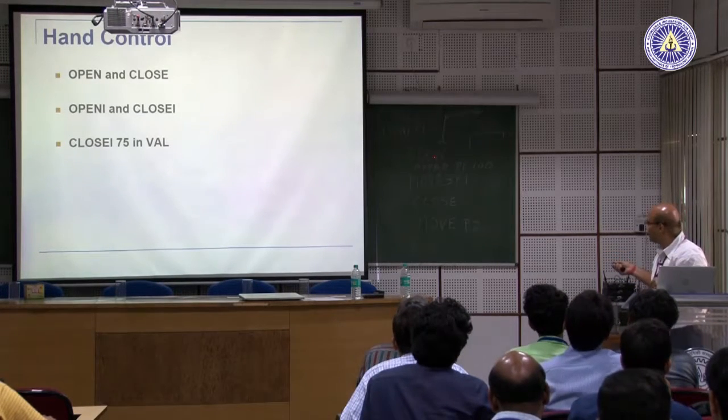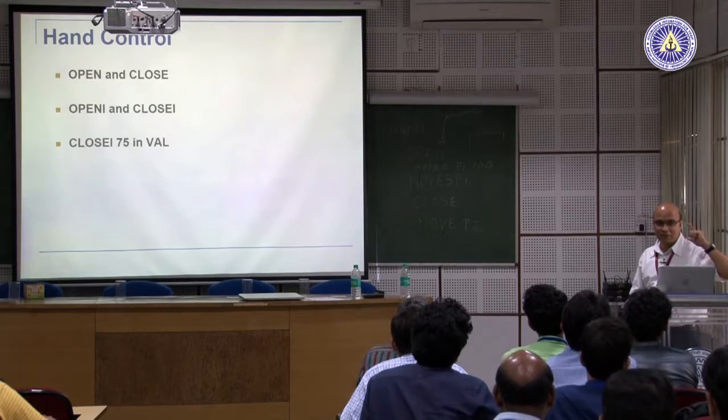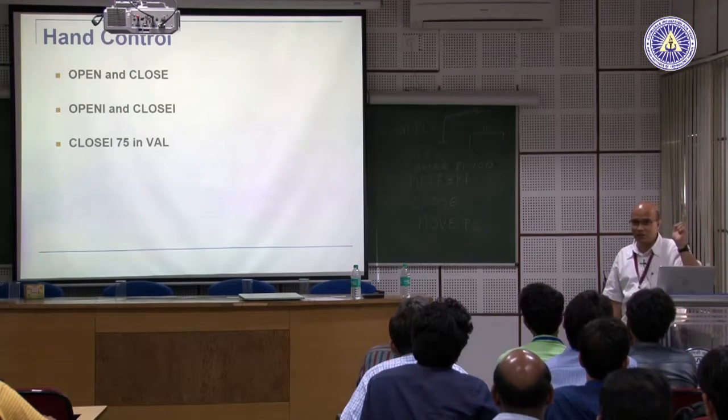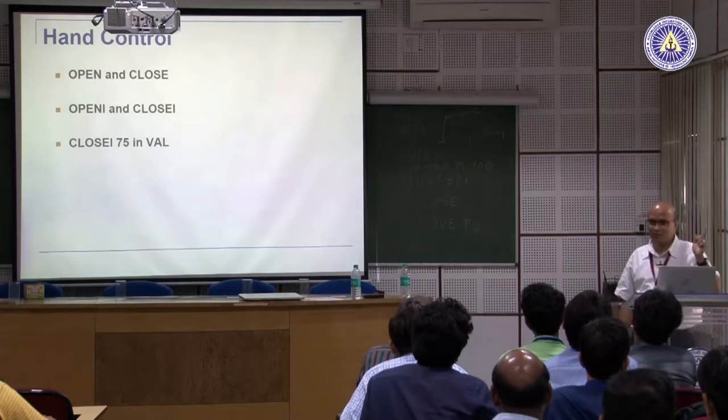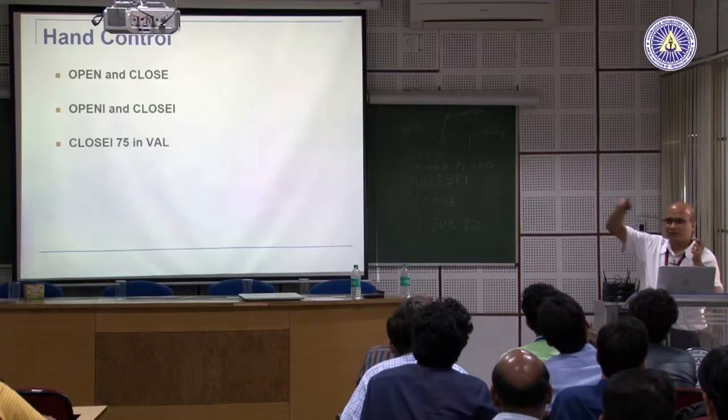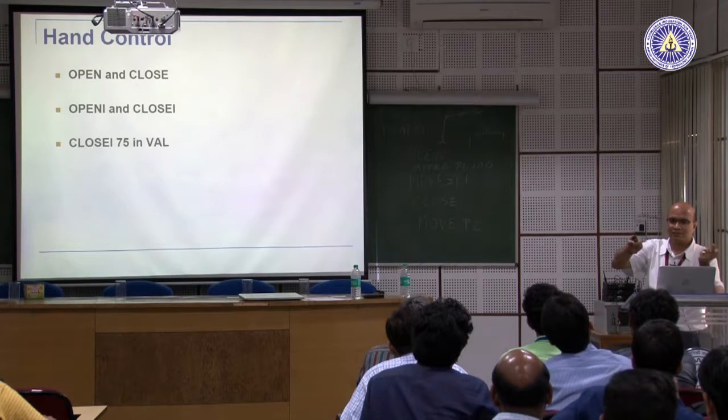But the moment it says open, as far as the compiler is concerned, that command statement has been executed, because it has given the command to the gripper to open, and it moves to the next line. That is how a program operates.